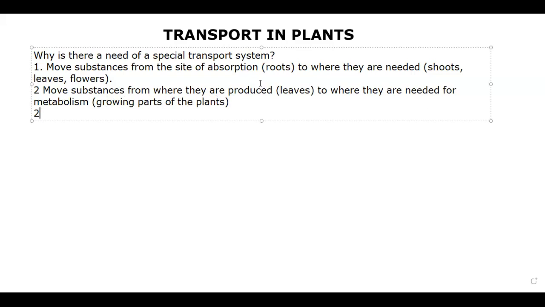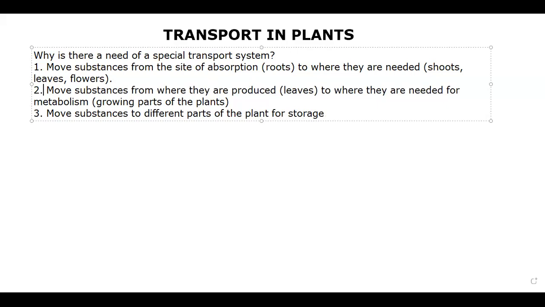Then I also need to move substances to different parts of the plant for storage. Because it's not just about making the food, absorbing the food and metabolism. I also need to store the glucose that is being made. A good example would be your potato plant.